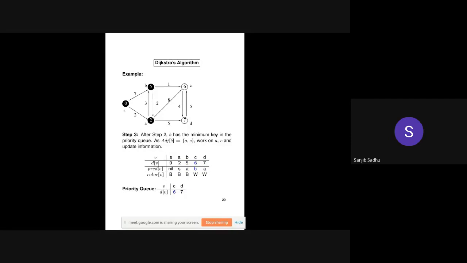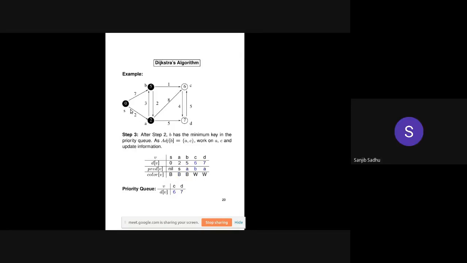Now whenever you are adding, you check it. Then you see the C value is updated, the DC value. Because you see, initially it had 10. 2 plus 8 was 10.